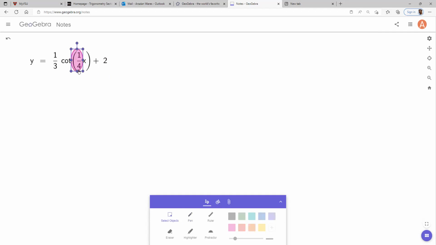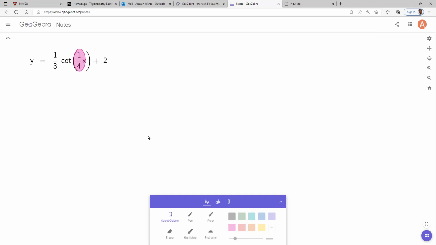What about this? Now, this one is the trickiest one. You know that 1/4 as a coefficient of x is a horizontal stretch. Once again, it's a horizontal stretch. It's going to stretch the curve away from the y-axis in opposite directions.